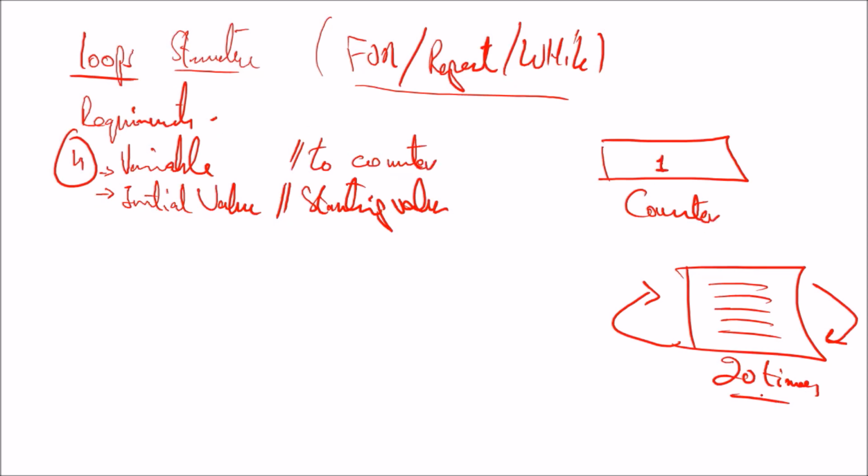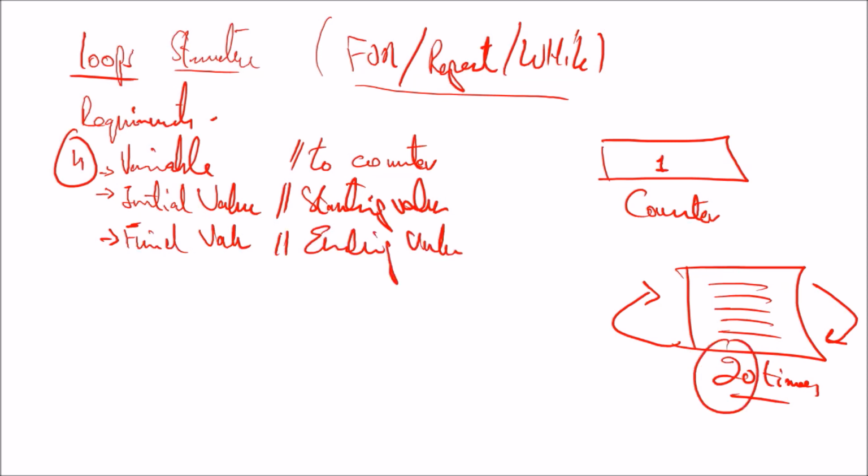And how many times is it going to execute? 20 times. So my ending value, your final value, is 20. So it's going to compare the values again and again in this variable, how many times this loop has been executed.